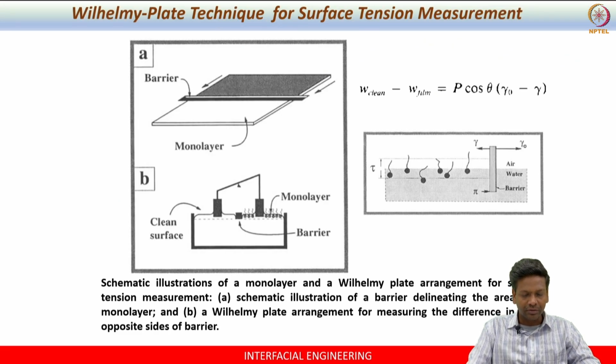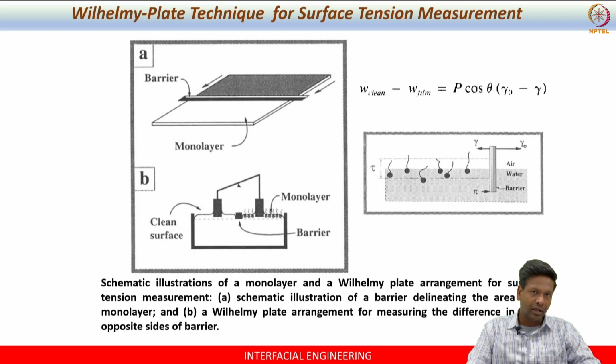So here you can see very clearly how it is measured. Basically you have the monolayer and you have the barrier system. Initially, when you connect the Wilhelmy plate to the microbalance, it measures the weight acting on the plate, right?